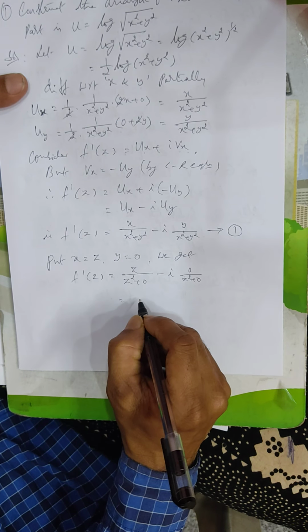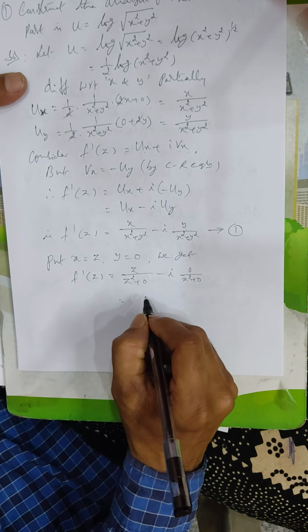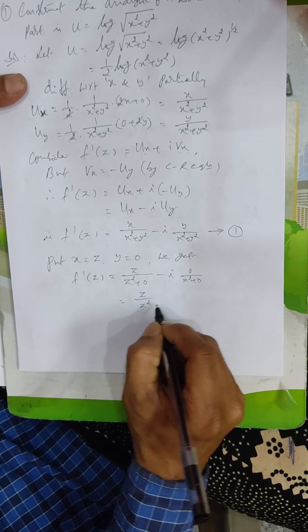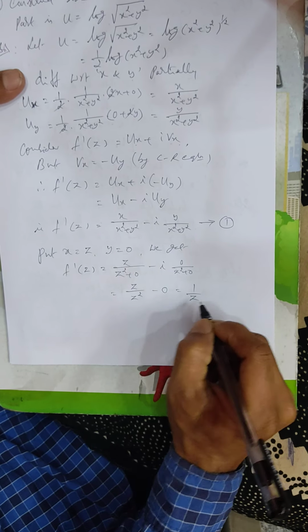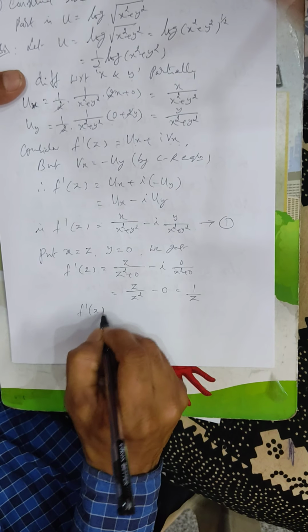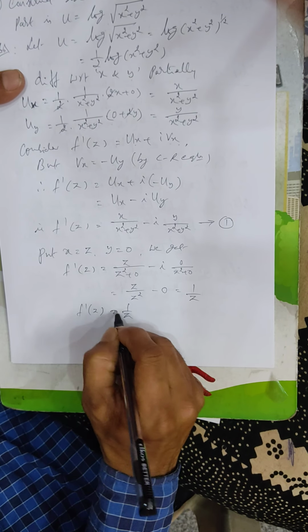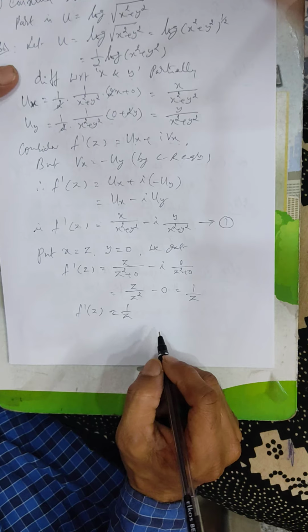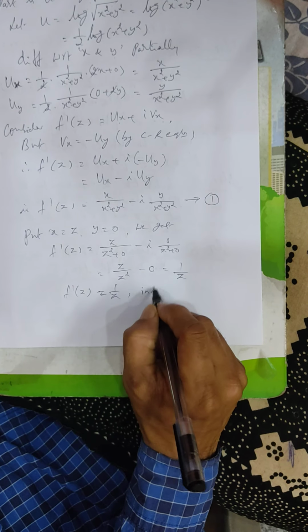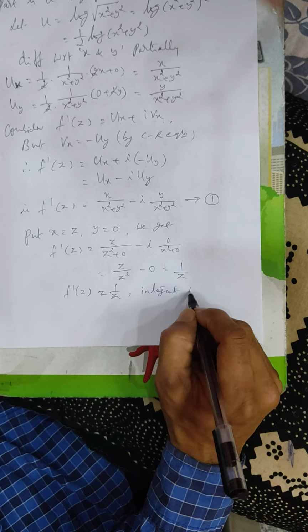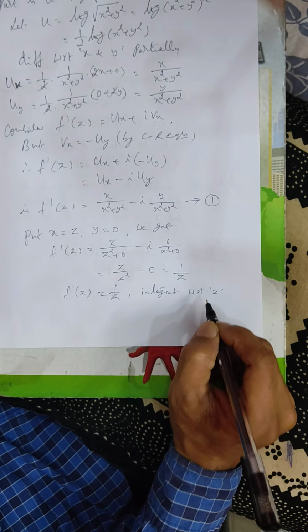So that is equal to z by z square minus 0, that is equal to 1 by z. So f dash of z is equal to 1 by z. In order to get the analytic function f of z, let us integrate with respect to z.